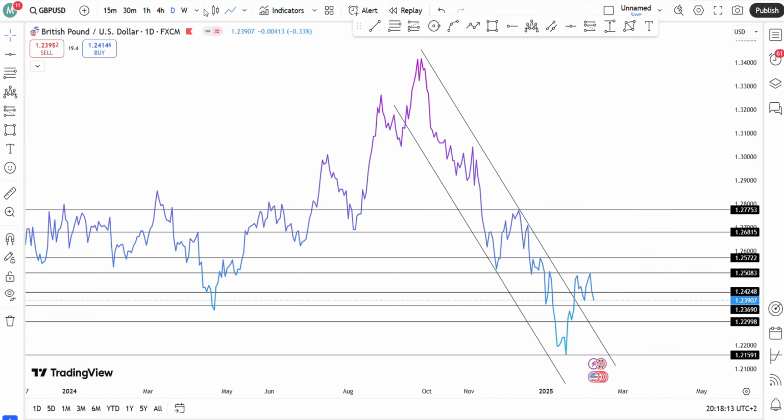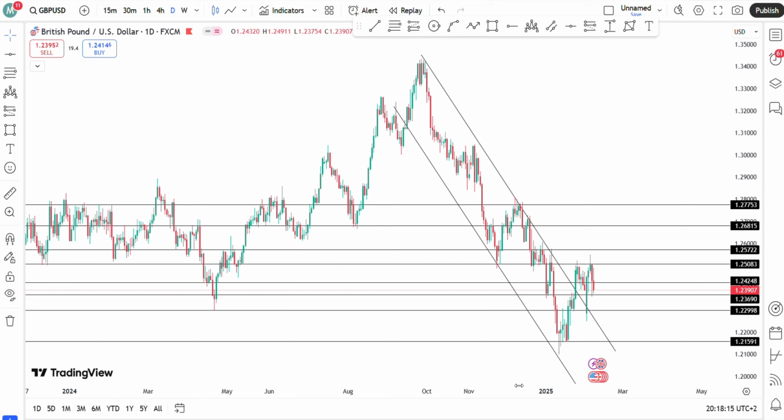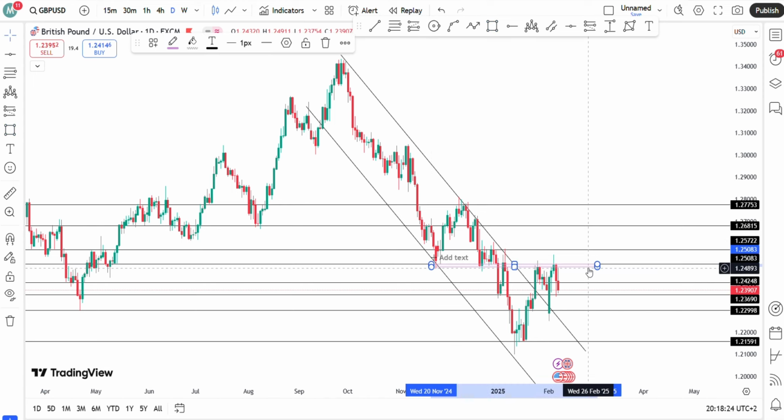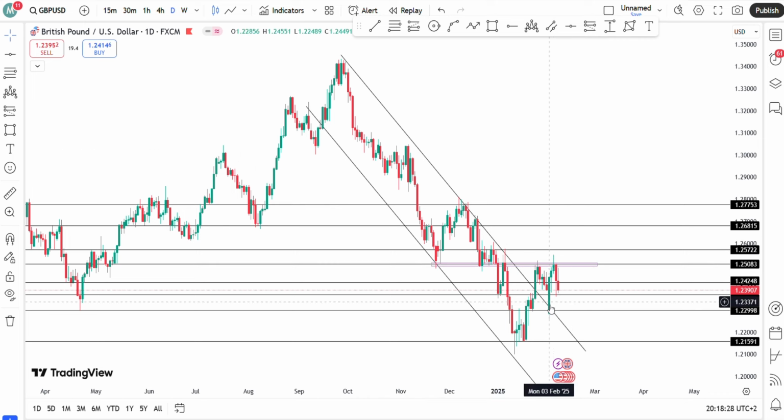This is it. We can also mark out this strong resistance earlier, because we have failed to pass it in the past. That is a nice resistance, and right now we failed to pass it for the second time. Then you can also mark out this support area over here.